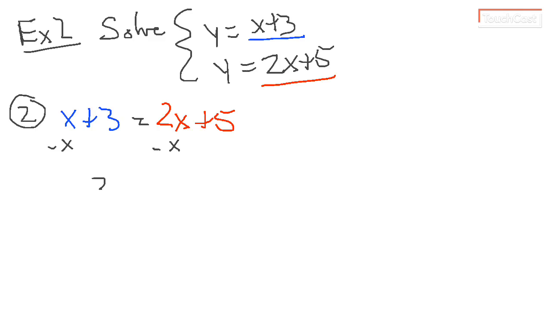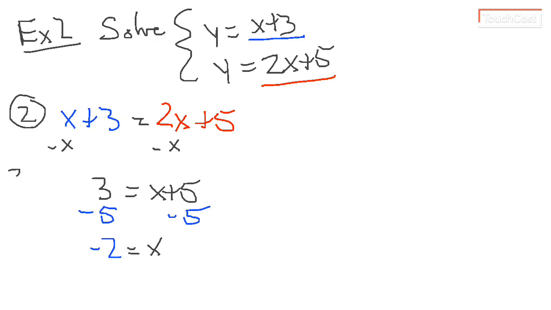And I'm going to end up with 3 equals x plus 5. And then I'm going to move my 5 to the other side. And 3 minus 5 is negative 2. So we have just found that x is equal to negative 2.